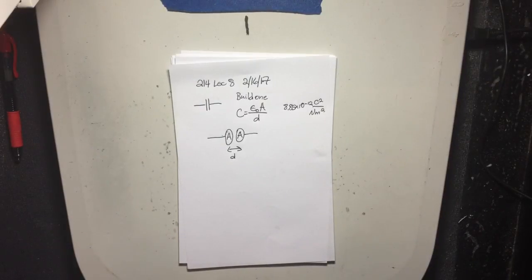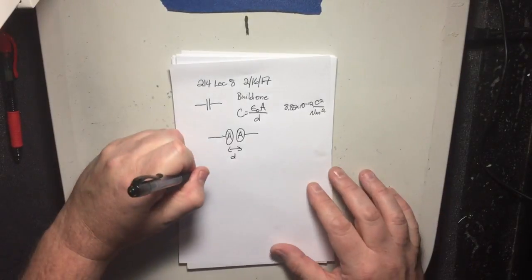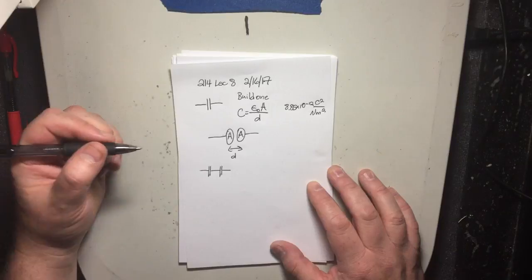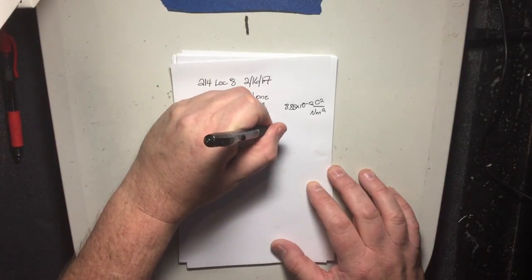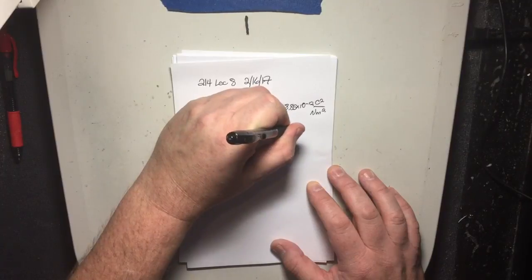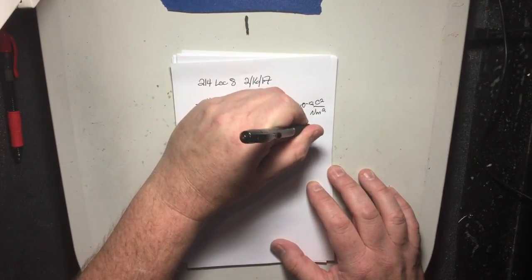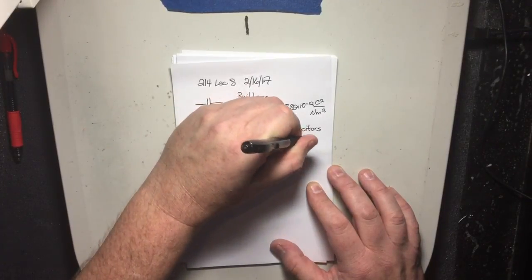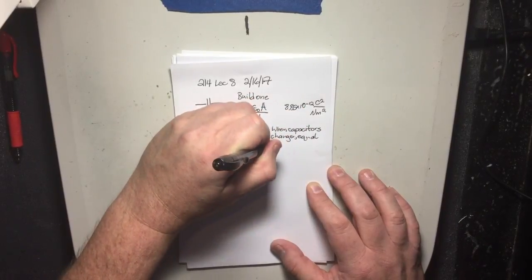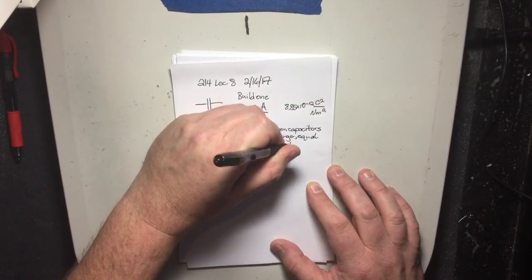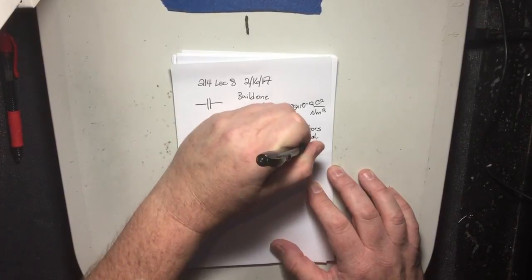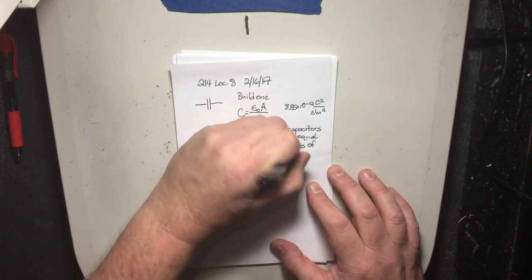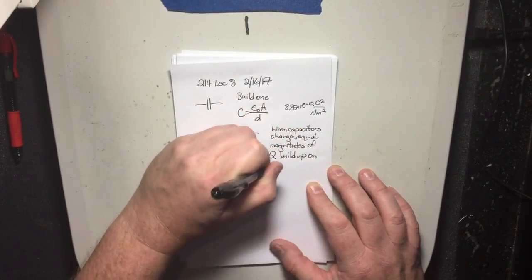Now what we're going to do initially is talk about series and parallel capacitors. When capacitors charge, equal magnitudes of Q build up on each of the plates.